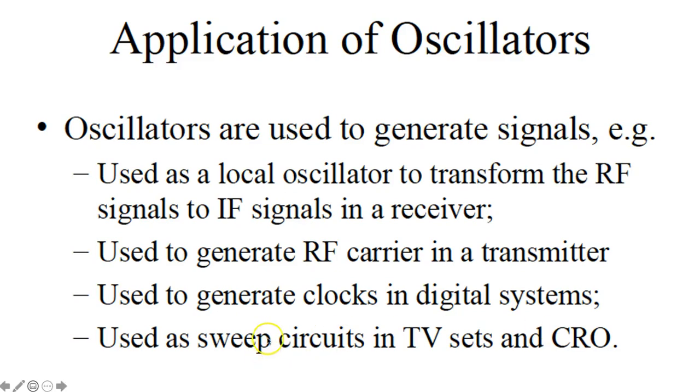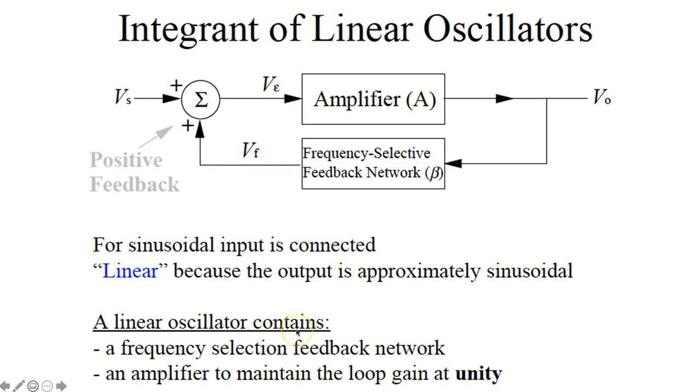Okay, now let's move on to the next slide, and this slide talks about the principle of the oscillator. The oscillator consists of an amplifier and a feedback network, which is this beta. So we have two important elements here, the amplifier and the frequency selective feedback network. And always remember, the feedback which we are providing in the oscillator is positive feedback.